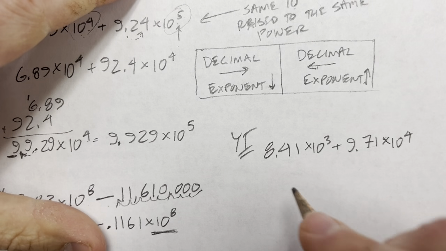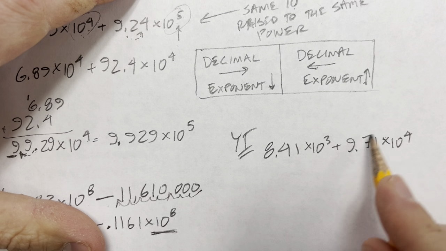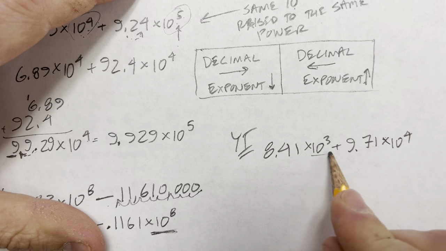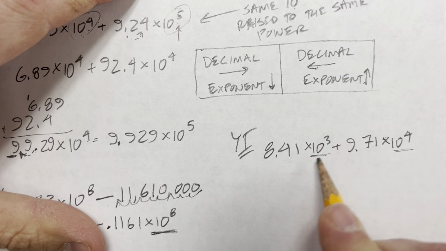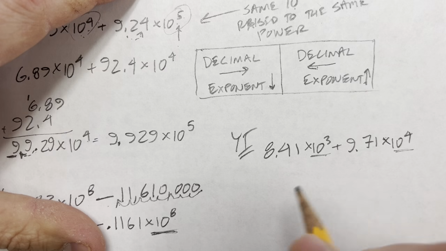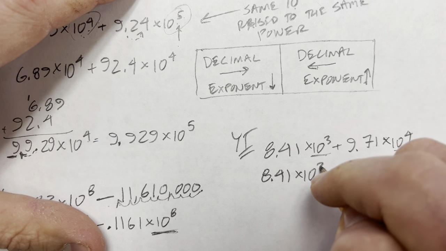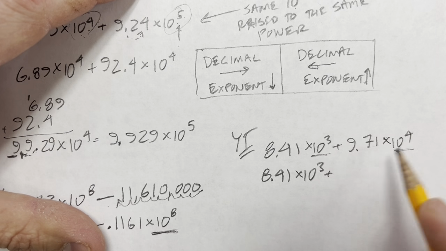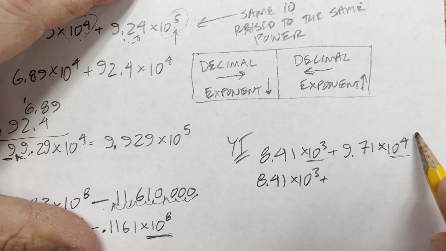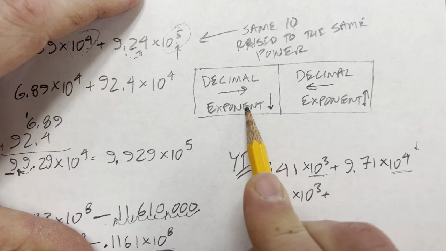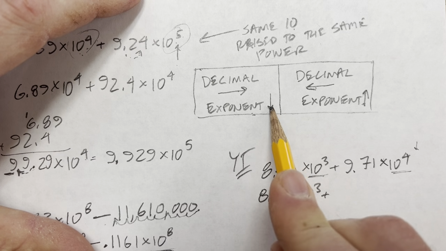Okay, let's see how we did. I'm going to change this one on the right to be 10 to the 3rd. It's 10 to the 4th right now. They're not like terms. I need to change this to 10 to the 3rd. 8.41 times 10 to the 3rd plus, now if I want to lower this, I want to lower my exponent one place.